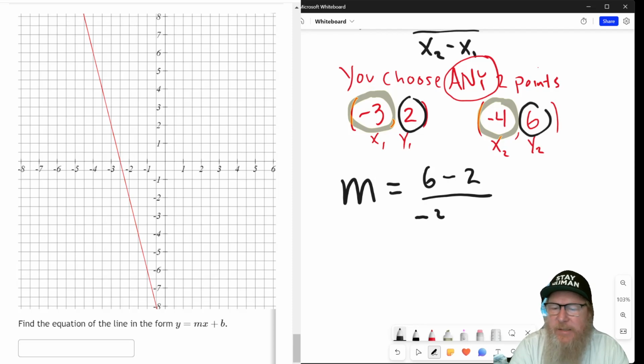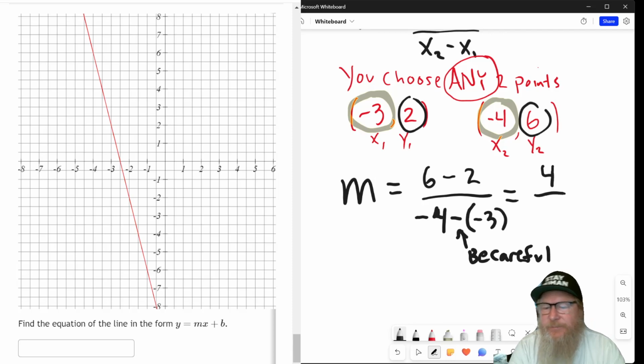So x2 is negative 4. x1 is negative 3. You've heard me say this before. Be careful with negatives. I wasn't very careful in the numerator because it's just 6 minus 2. I'm as careful as subtracting needs to be. But here in the denominator, I should be very careful. That's going to be negative 4 plus 3, so the denominator is going to be negative 1.